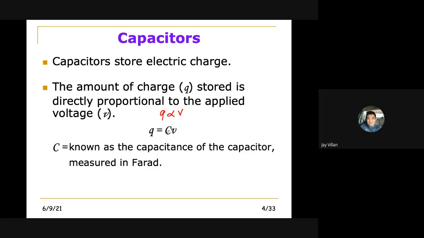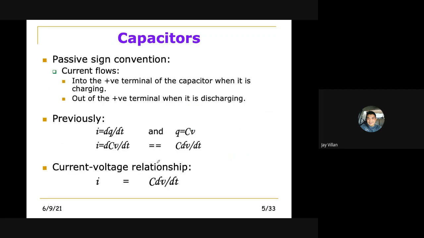The ratio of this charge to the voltage is what we call the capacitance, and that is measured in farad, in honor of Michael Faraday. So that is your capacitors.